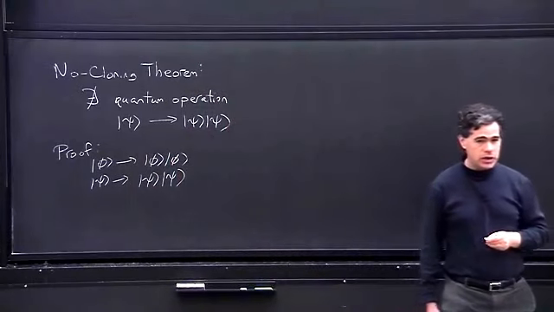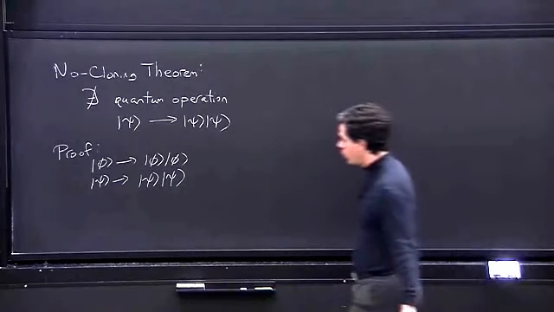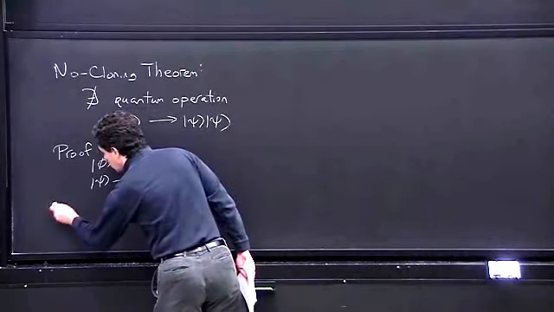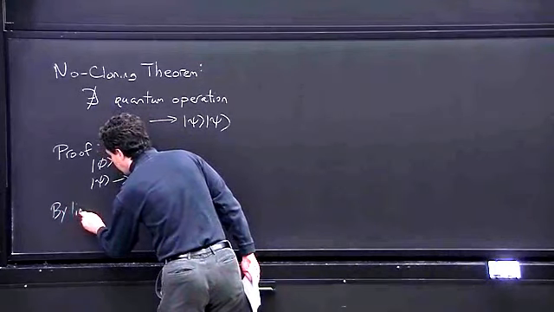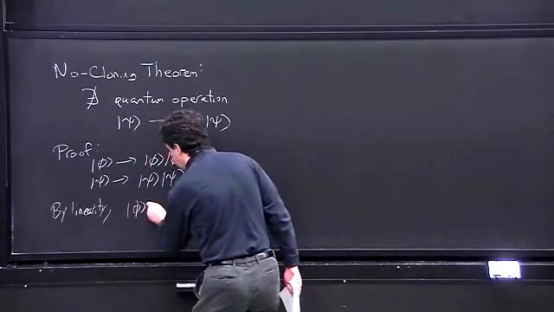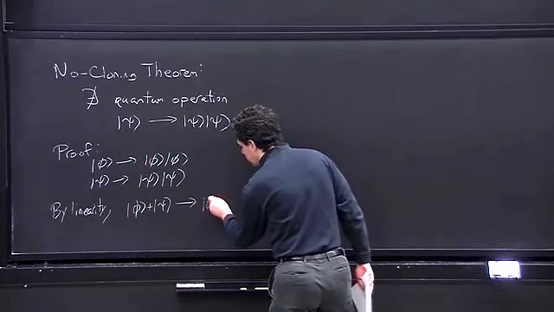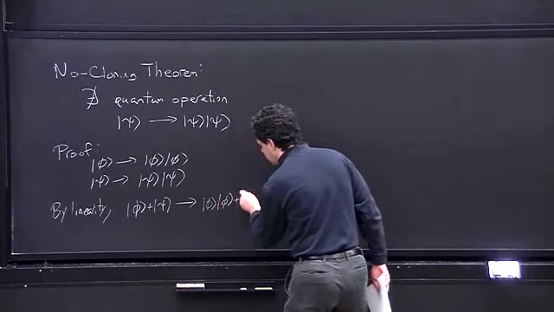Now, anything you do in quantum mechanics is going to be linear. So by that linearity property, the state phi plus psi should go to the sum of these: phi phi plus psi psi.